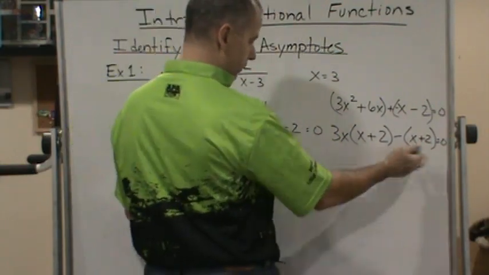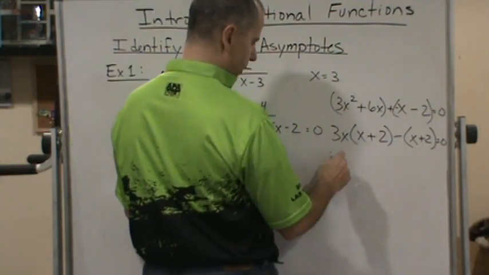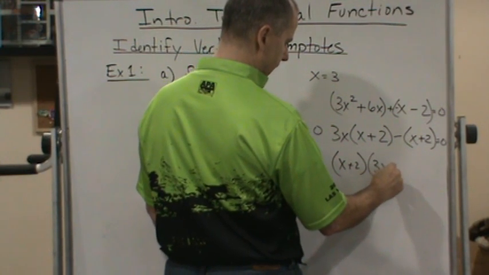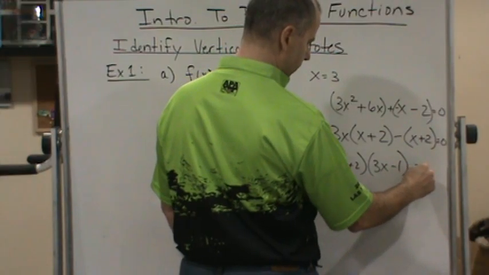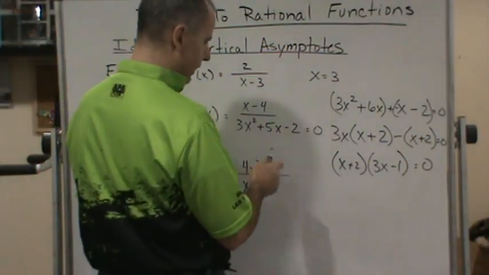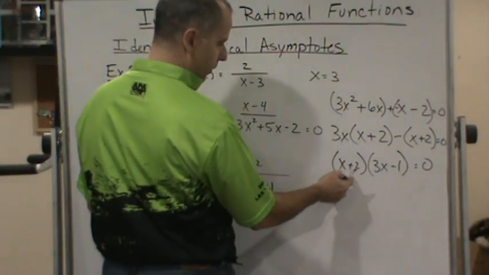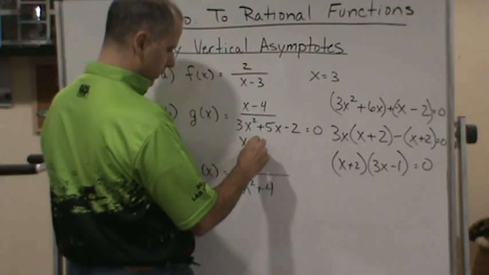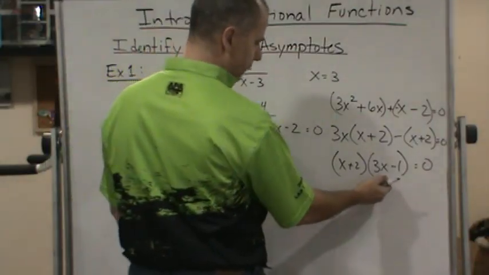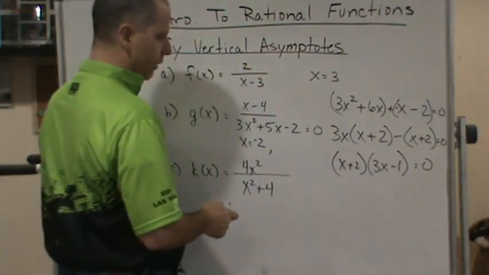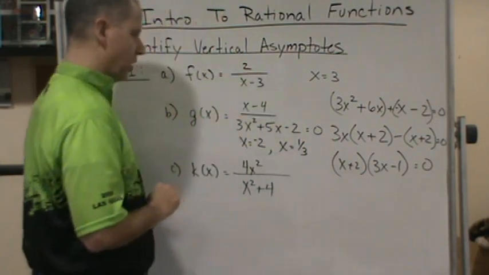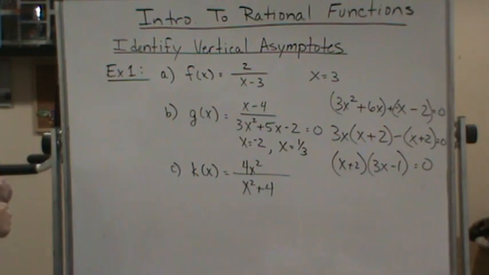Now I've got a common factor, so I'm going to factor again, pulling out the x plus 2, and that leaves me 3x minus 1 is equal to 0. Now I can use the zero product principle, and I find that there's an asymptote at negative 2. So x equals negative 2 is a vertical asymptote. And now if I solve this one equal to 0, I get 1/3. So x equals 1/3 is also a vertical asymptote.